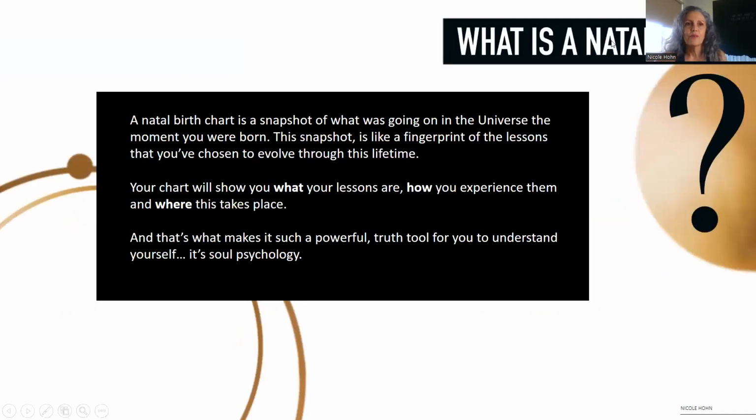So what is a natal chart? Let's start there. A natal chart is a snapshot of what was going on in the universe the very moment you were born, and that's why your time is important. And this is a snapshot. It's like a fingerprint of the lessons that you've chosen to come into the world to learn about through and evolve through in this lifetime.